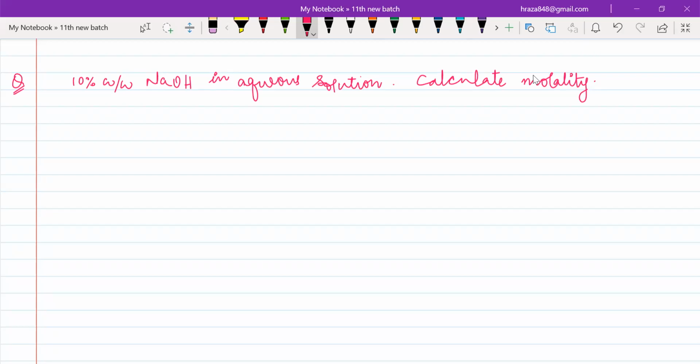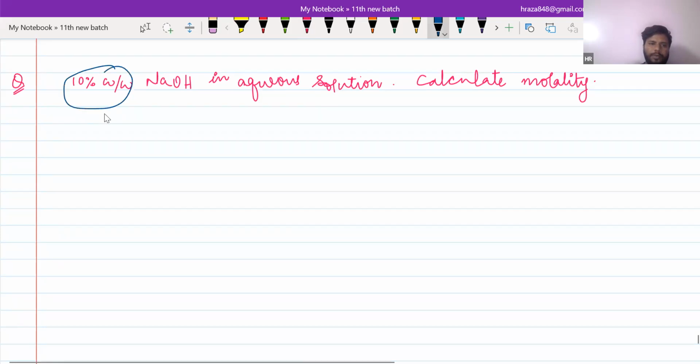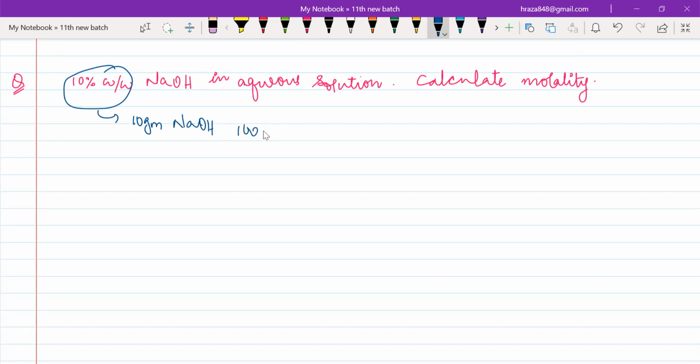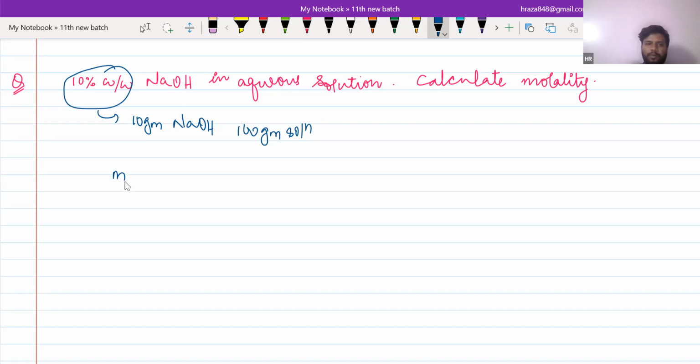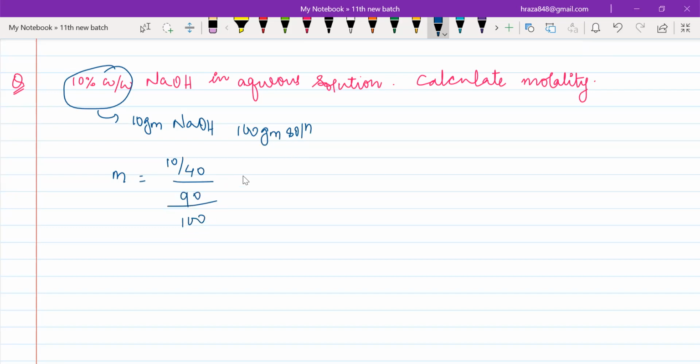So 25 by 9 m, very good. What you just did is 10% weight by weight, 10 gram NaOH in 100-gram solution. Now you calculate molality: number of moles of solute, 10 upon 40, upon mass of solvent in kg, that will be 90 upon 1000.